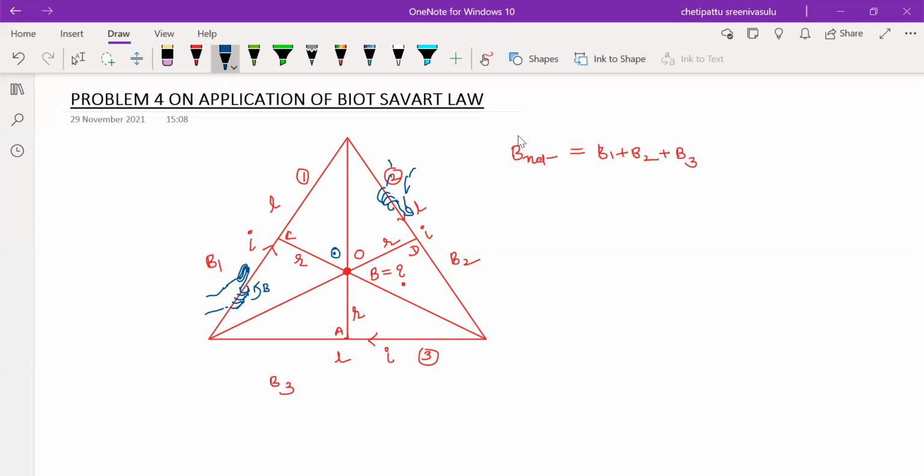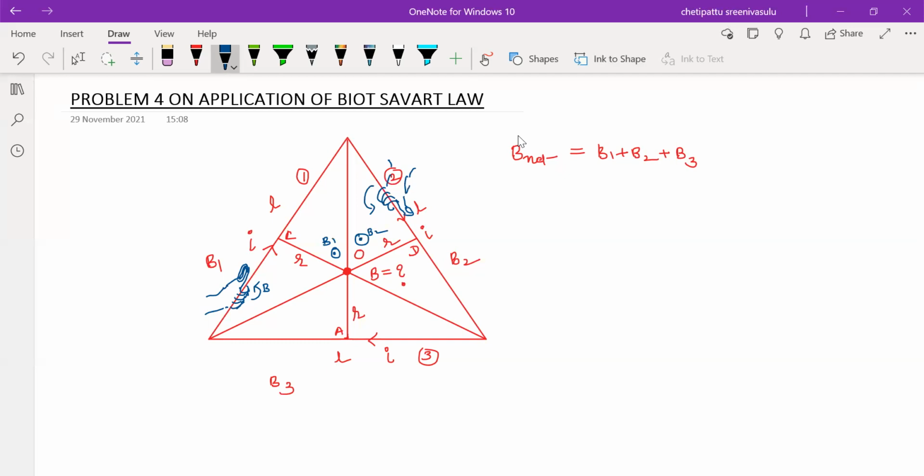The curling finger direction will be the magnetic field. Due to the second conductor B2, the magnetic field will be into the board. What about the third conductor?